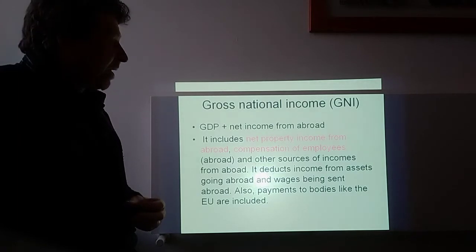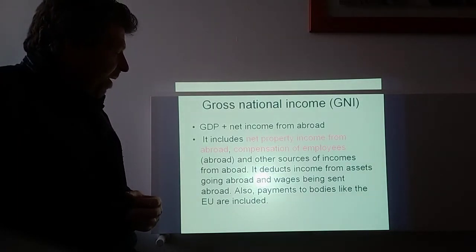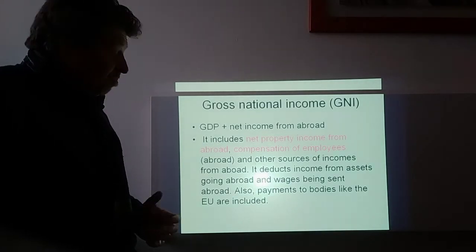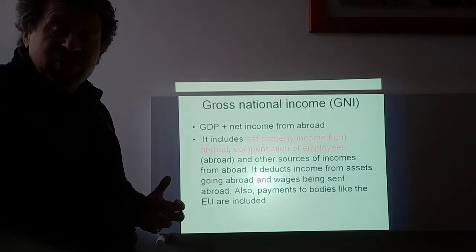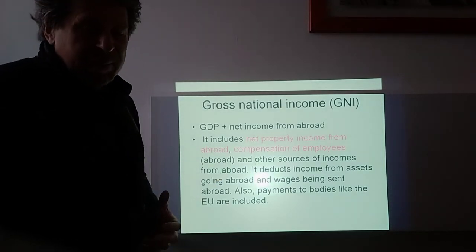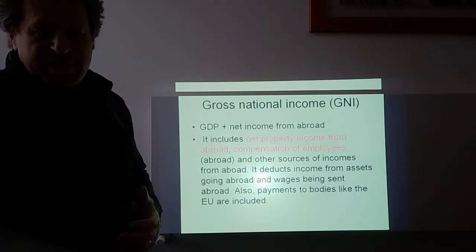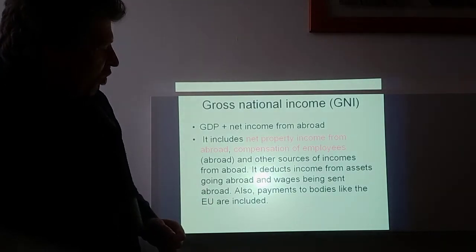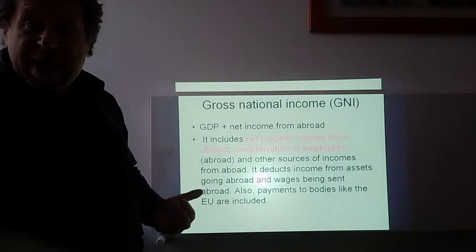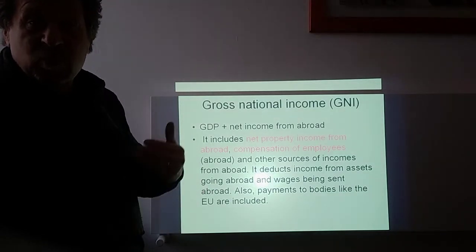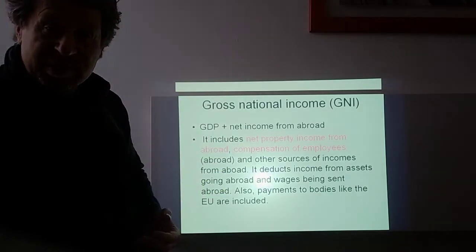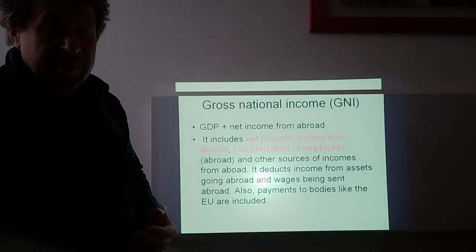We have to deduct the money going out of the country, and maybe also multinationals make profits here and then send the profits abroad. Also there's the EU, who we must pay every year to be a member, this would be deducted as money going out, so it's not part of our national income.